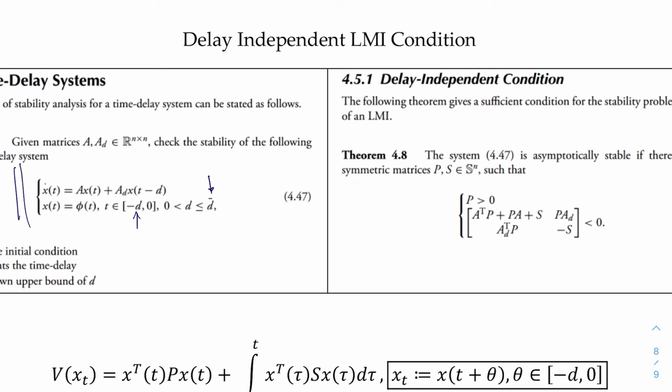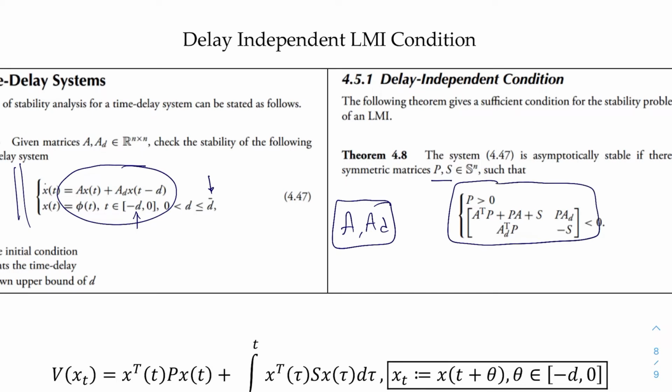Okay, let's take a step back. We have a system here, and we are only given A and AD, right? And the problem is this: find P and S symmetric matrices such that these two given constraints are satisfied.